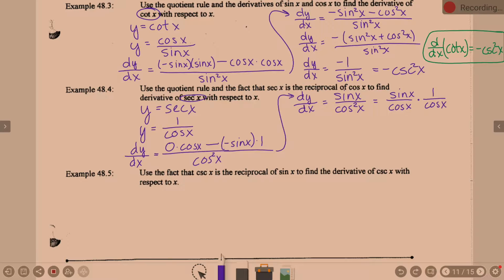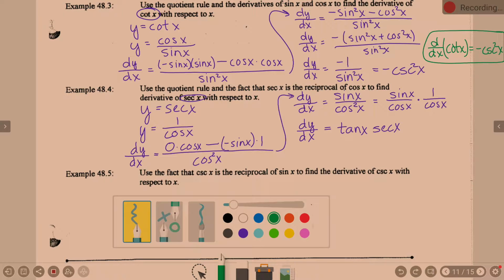So what are we going to call this derivative here? It would be tangent x times secant x. dy dx: sine over cosine is tangent x, times 1 over cosine x is secant x. So the memorized derivative of secant is tangent secant.